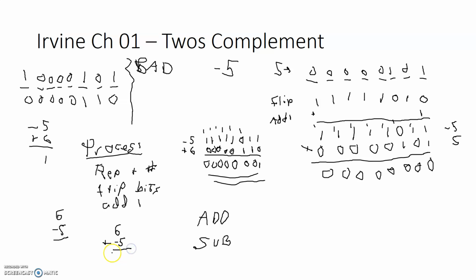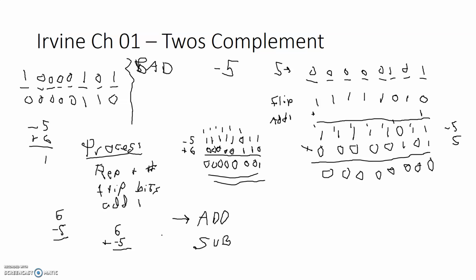So what it would do is go through the 2's complement process, flip the bits and add 1 for the thing it wanted to subtract, and then it could go through and do the add. So some early processors, behind the scenes, only had logic for add, because then subtraction was just treated differently.